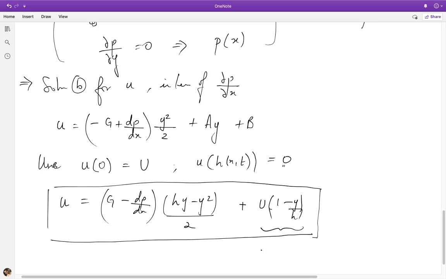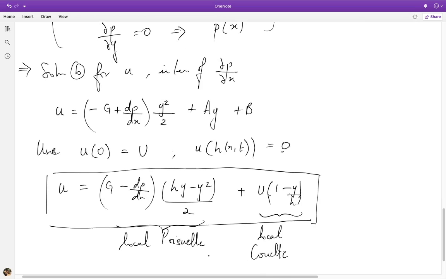This is a sort of local Couette component, and this is a local Poiseuille component. Right, so by looking at these two components now, you can see that they actually have exactly the form of the solution if you had a combined Couette-Poiseuille flow between flat plates.